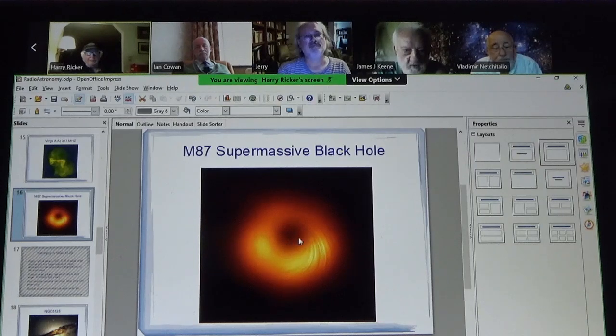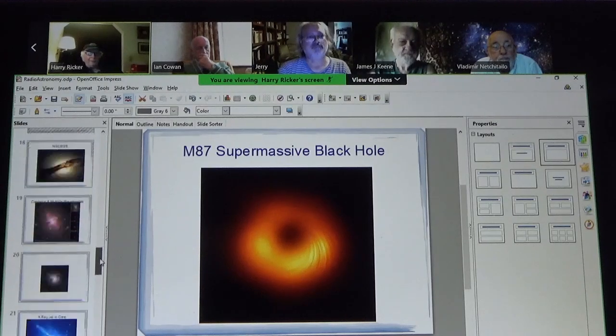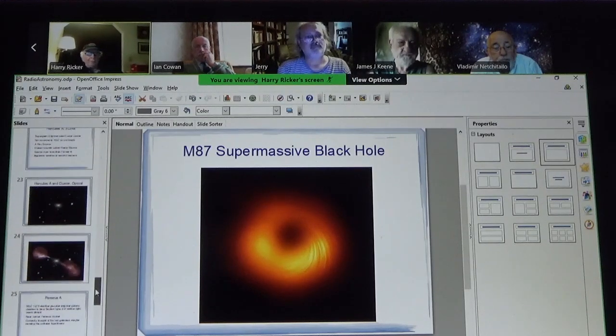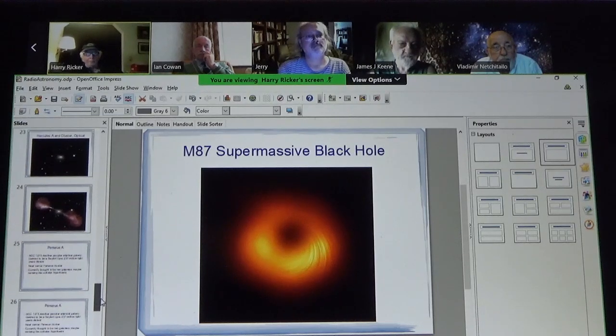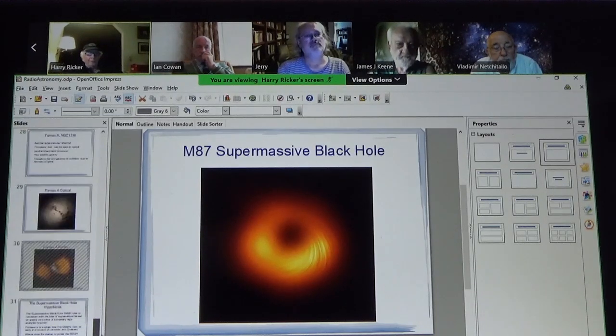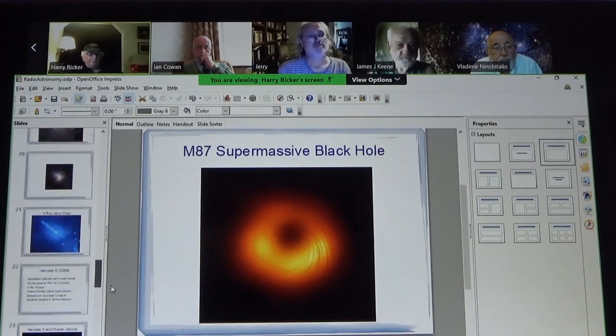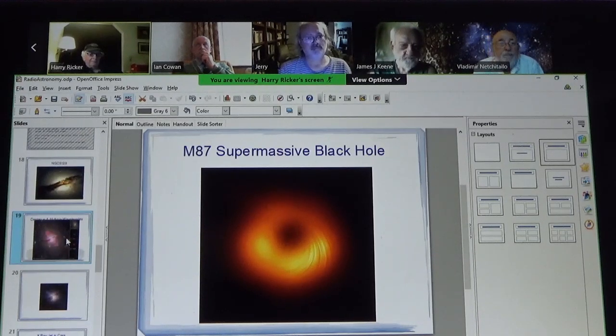I didn't really get to the point in this presentation where I went into the physics of black holes. I'm only at the stage where I'm talking about what these things look like. I talked about this previously, about a month or so ago, where I showed a picture. Here's one.